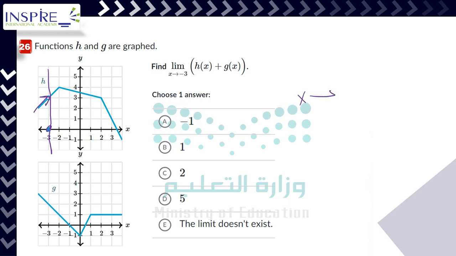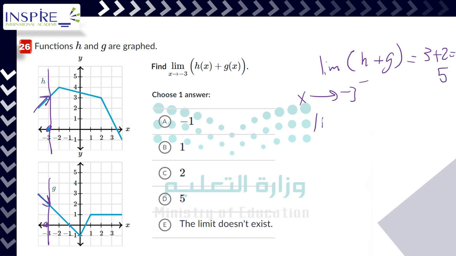So at first I need it from the negative side, the limit of h plus g, okay? Here it will be 3 for h. Let's check g. Here is -3, draw your line. It will be 2. So 3 plus 2 is equal to 5.